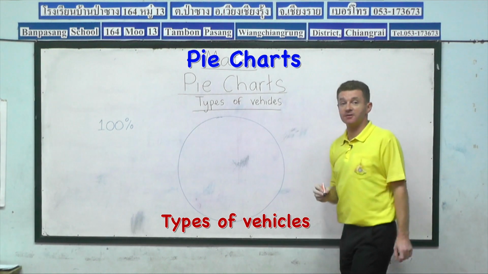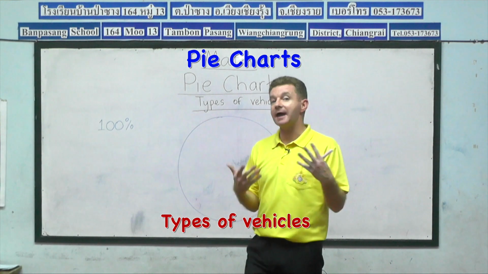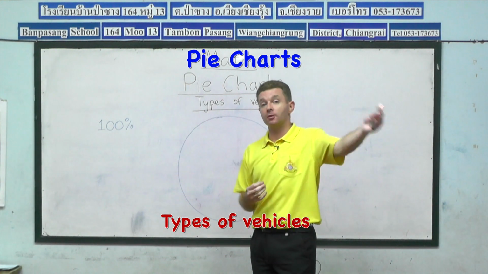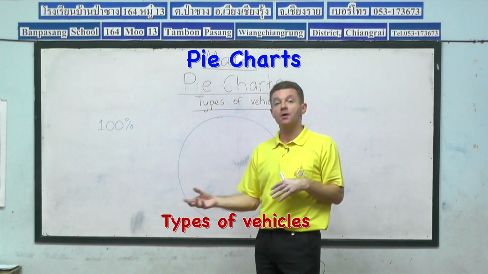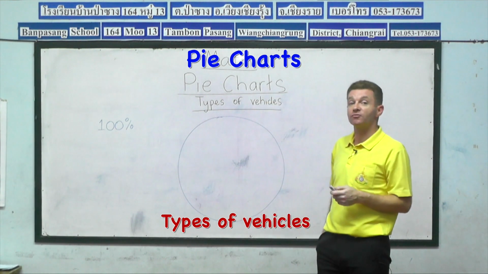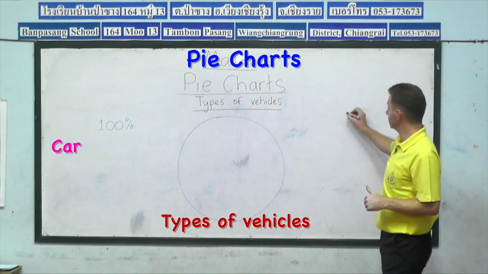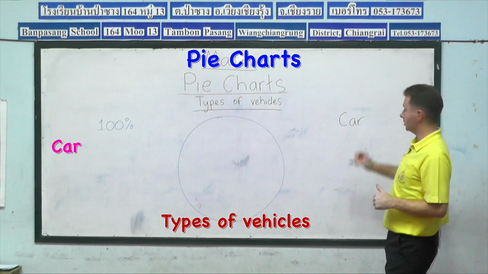Now the reason for this pie chart is to understand how different people travel to work every morning. People have to commute to work from their houses, but people travel in different types of vehicles. And I'm going to use 4 different types for my pie chart. So first of all, we will have car.